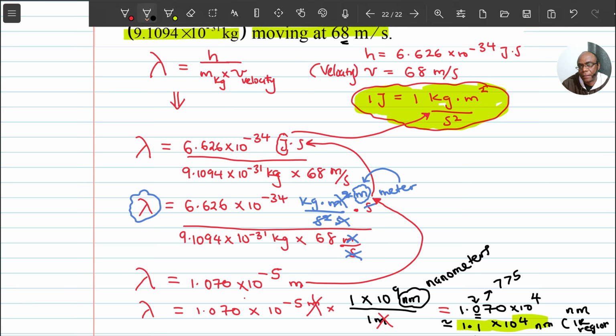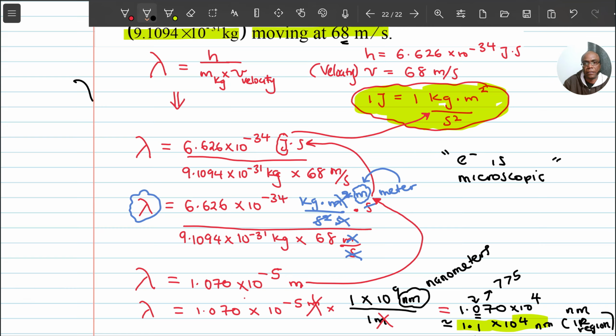So what does that tell you? That tells you that the electron is small enough to move in a path that's going to have a wavelength. The electron is microscopic. It's not an object like you and I. And it's true because the mass is quite small.